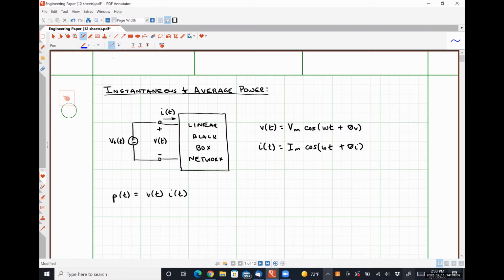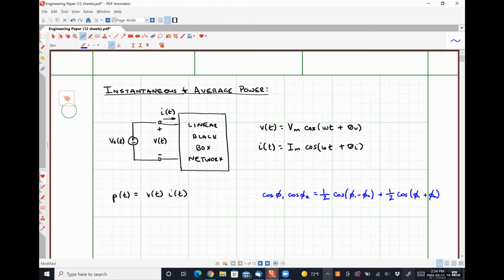That identity says that cosine of angle 1 times the cosine of angle 2 is equal to 1/2 cosine angle 1 minus angle 2 plus 1/2 cosine angle 1 plus angle 2.